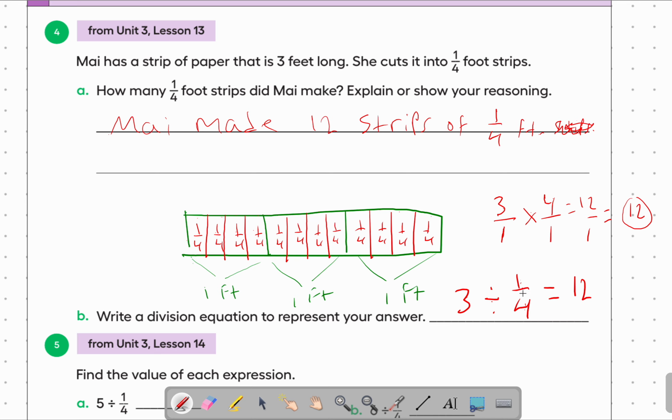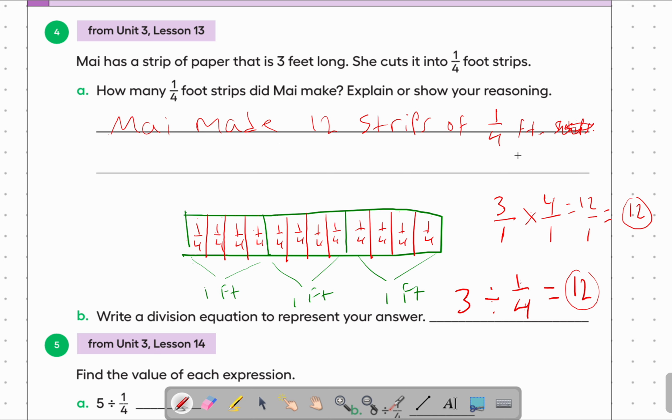So what if you made a mistake and you say, oh, I think it's 1/4 divided by 3. But if you do that, you're going to get 1/12. And when we get an answer to a problem, we have to reason to make sure that our answers make sense to what the problem is asking and the context of the problem. So it's asking how many 1/4 foot strips did Mai make? And if you get an answer as 1/12, she made 1/12 strips of 1/4 foot strips.